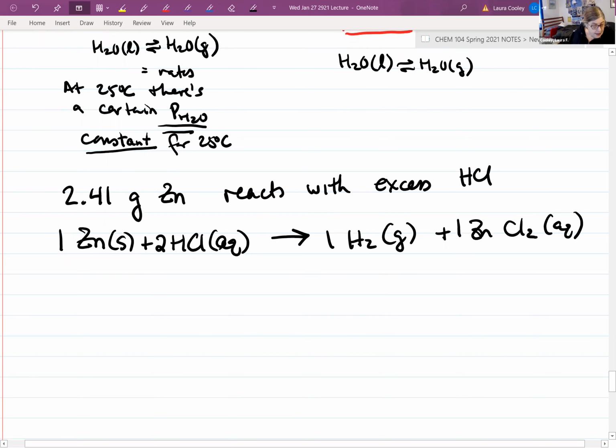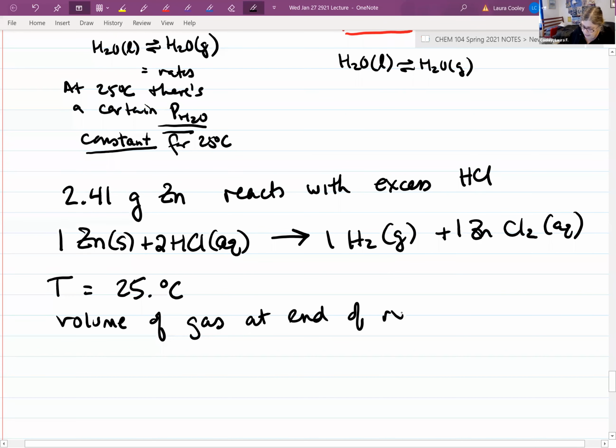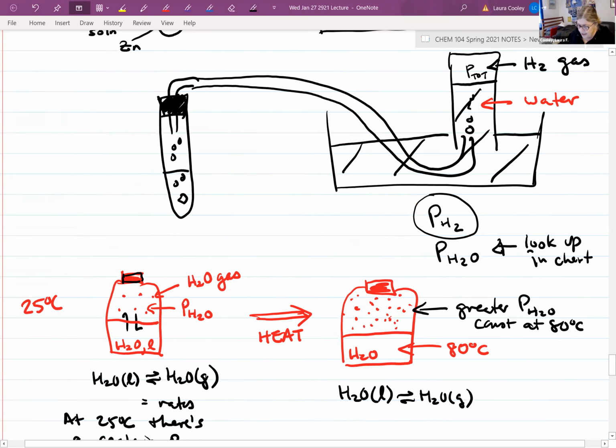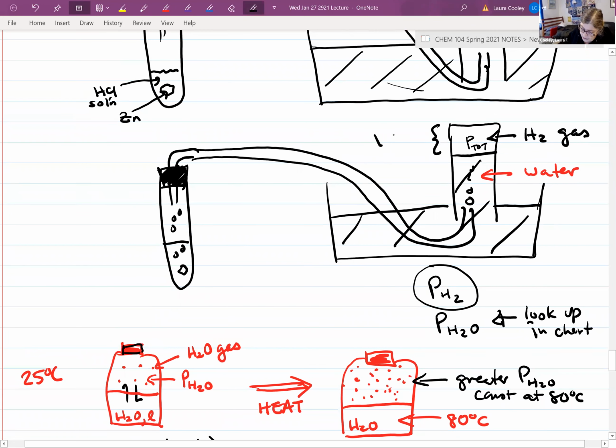Okay. And so what are we trying to find out here? Well, what are we given? So let's say that the temperature is 25 degrees C and the volume of the gas at the end of the reaction is 1.80 liters. Let me make sure you know what I'm talking about here. This is the 1.80 liters, right? It's just this volume of gases here, not the volume of the water.